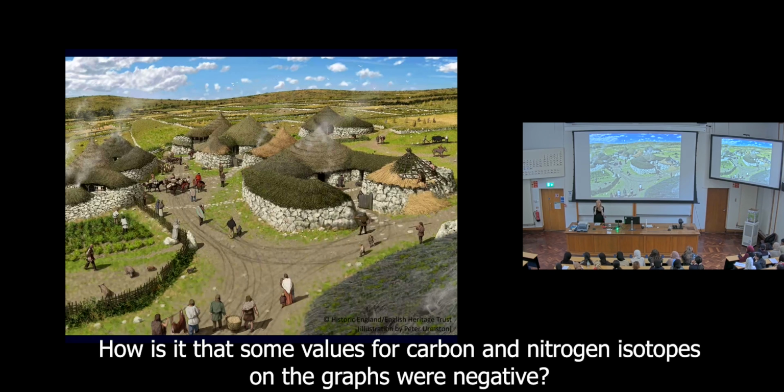And they chose, for the standard for carbon, a fossil. It's a belemnite, a marine fossil, and they set the carbon isotope value of that fossil at 0. And they did the same for nitrogen, and that's actually atmospheric air.